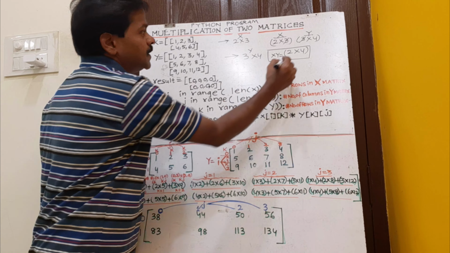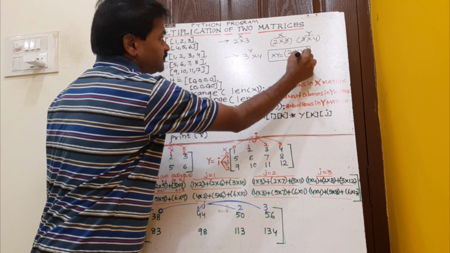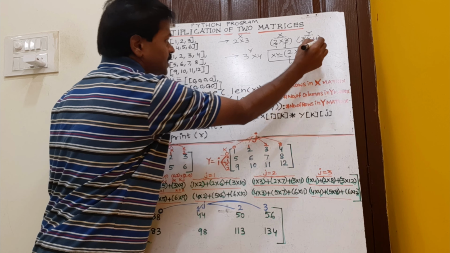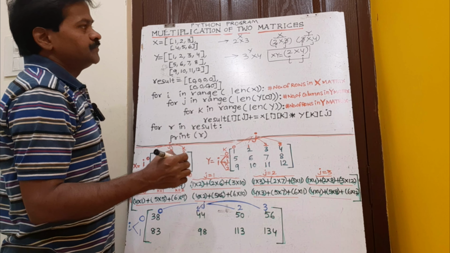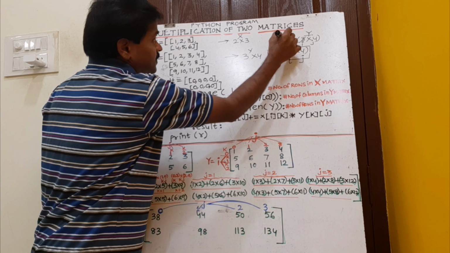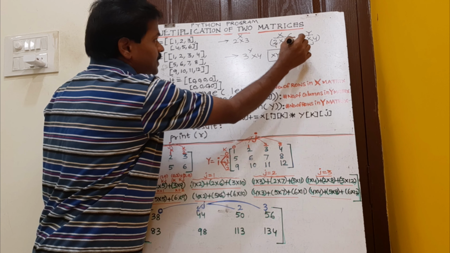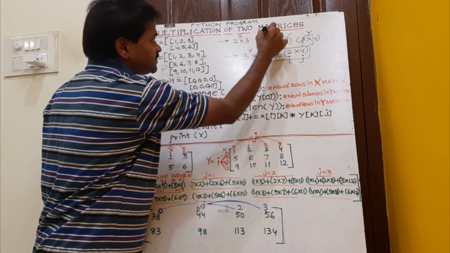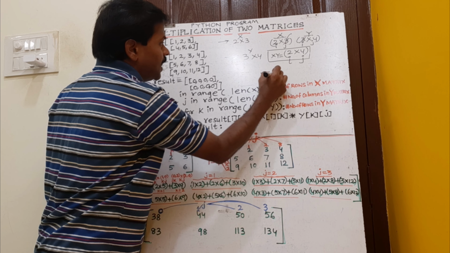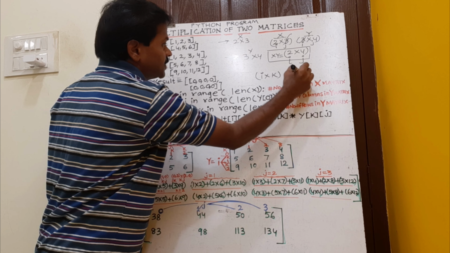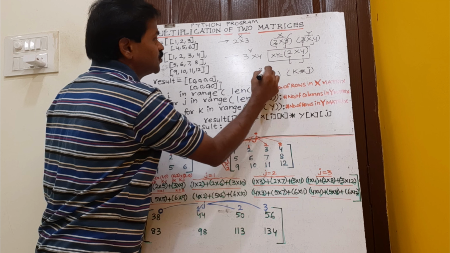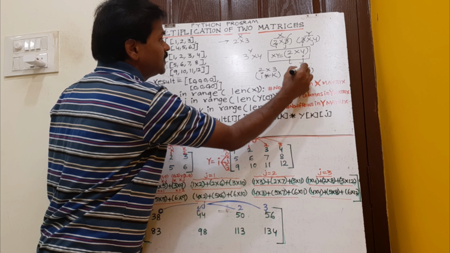Here this is I, this is J. I is rows and J is columns. We can also consider K here, so it is I by K, K by J. The formula for multiplication is I, K and K, J. This is the 2 by 3, this is the 3 by 4.